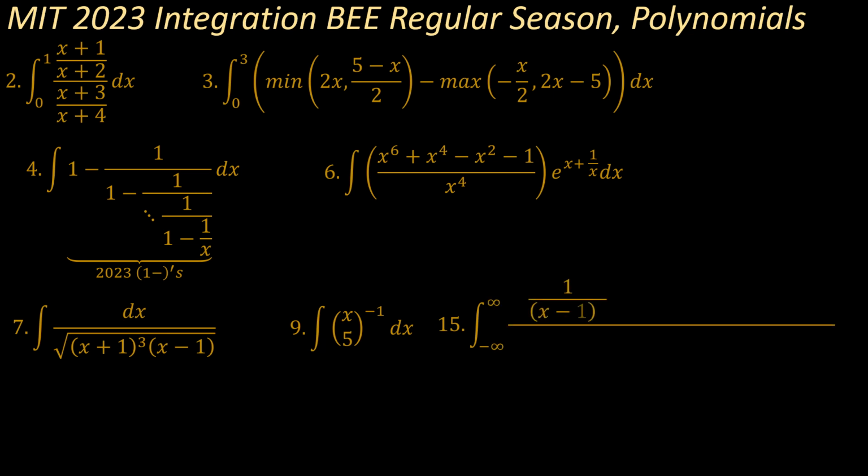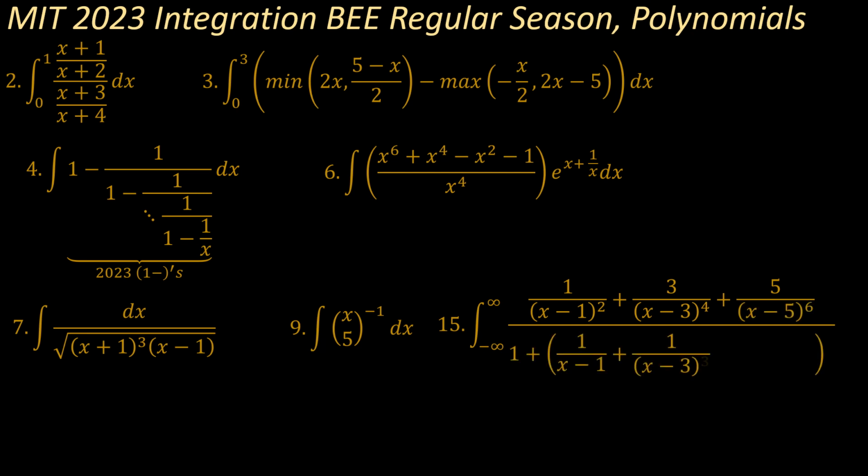Question number 15 followed, which was the integral of 1 over x minus 1 squared plus 3 over x minus 3 to the power 4 plus 5 over x minus 5 to the power 6, all that over 1 plus, in brackets, 1 over x minus 1 plus 1 over x minus 3 cubed plus 1 over x minus 5 to the power 5, all that to the power 2, integrating from negative infinity to positive infinity.